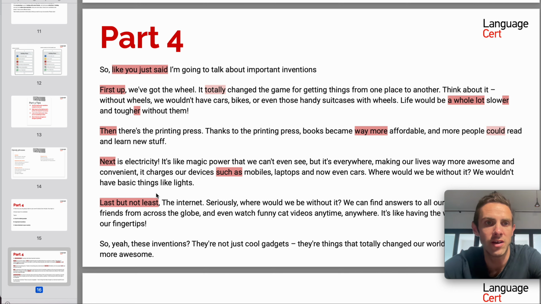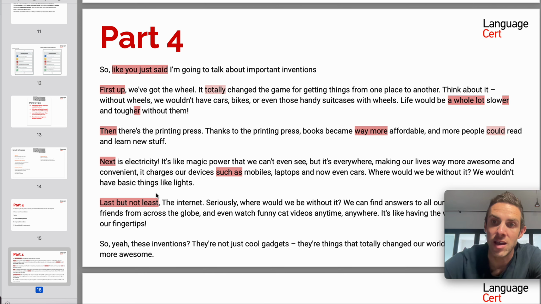So in the first thing I said, first up, we've got the wheel. It totally changed the game. Instead of it changed the game, I put totally in there. It changed the game for getting things from one place to another. Think about it. Without wheels, we wouldn't have cars, bikes, or even those handy suitcases. All right, so or even instead of and.